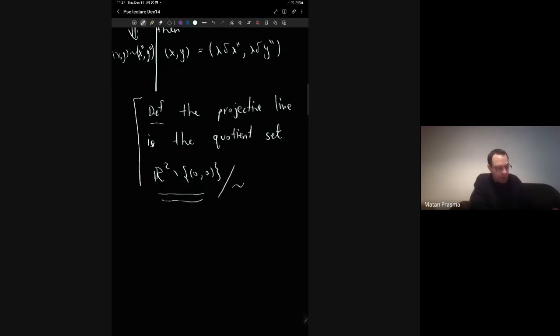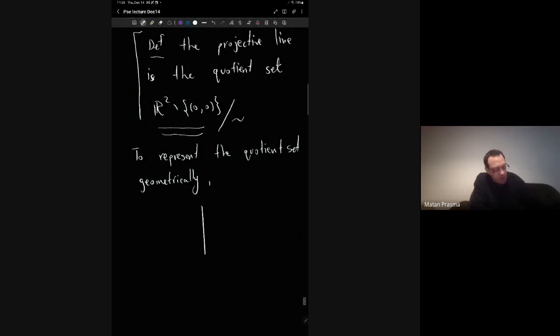So how can we represent it? To represent the quotient geometrically, remember, I start with the punctured 2D plane.